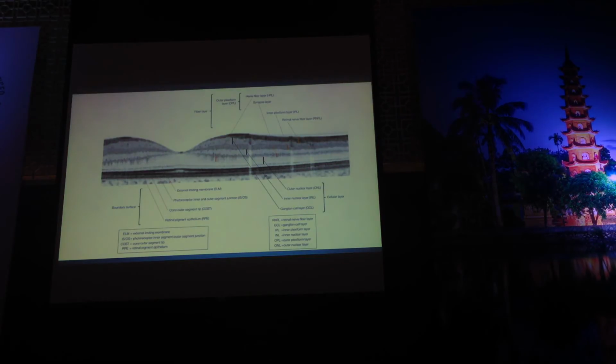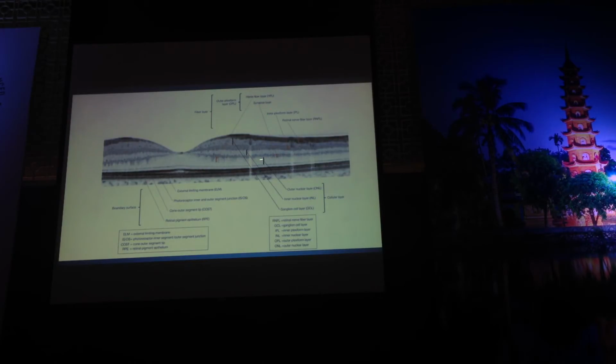Here is the summation of the different reflective bands on the OCT. Here for the fiber layer, which is highly reflective, you have the outer plexiform layer, which includes the Henle fibrous layer, and the... I cannot read it, but actually it's the sinus layer. Okay, yes, it's the sinus layer.